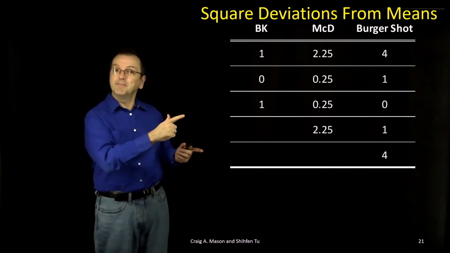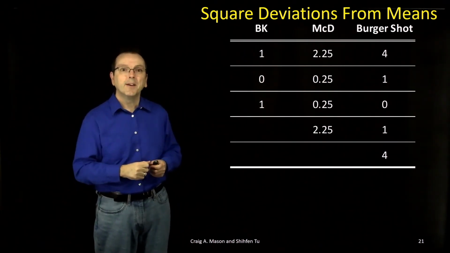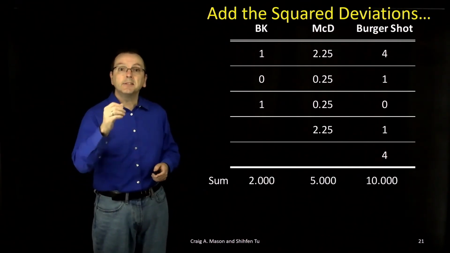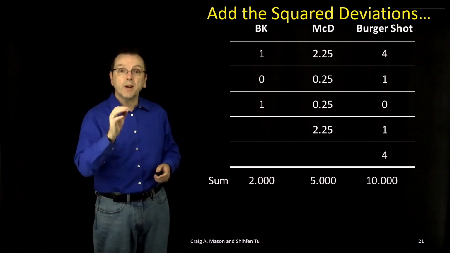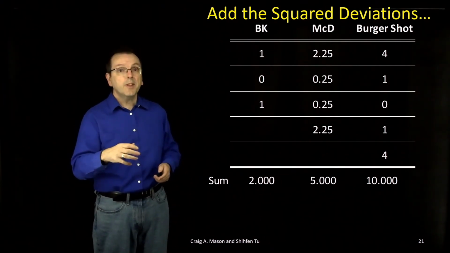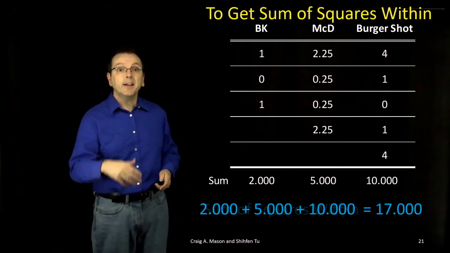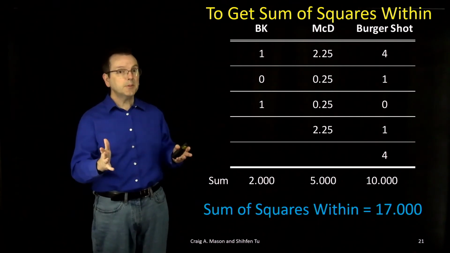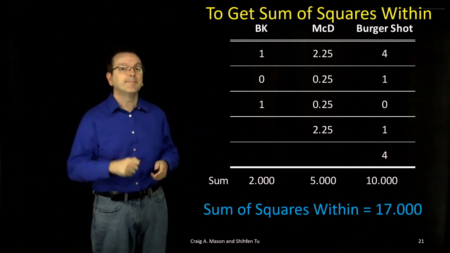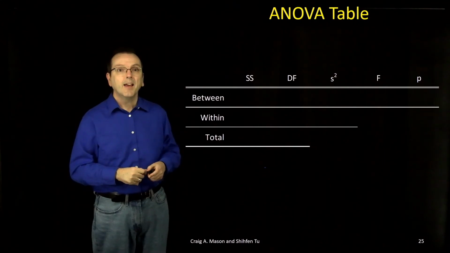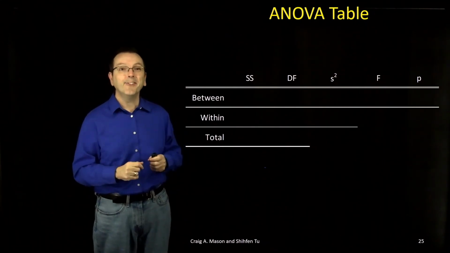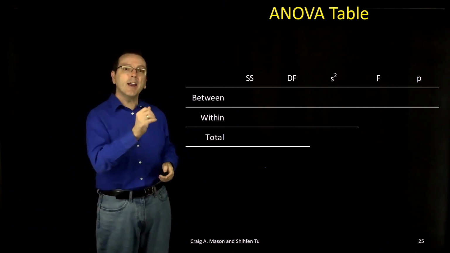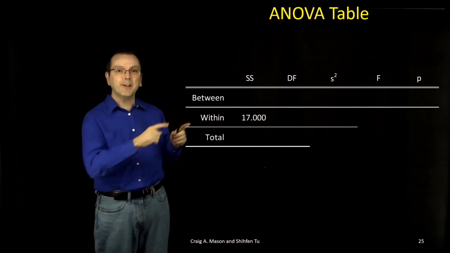That gives us these values, right? We then add the squared deviations to obtain the sum of squared deviations for each group, which we then add up to obtain the sum of squared deviations within groups, or the sum of squares within. Okay, now with that, we can enter our first value, the sum of squares within, into our ANOVA table. All right, there we go.